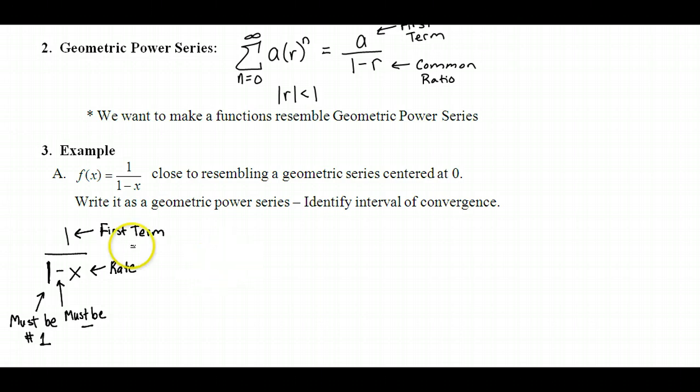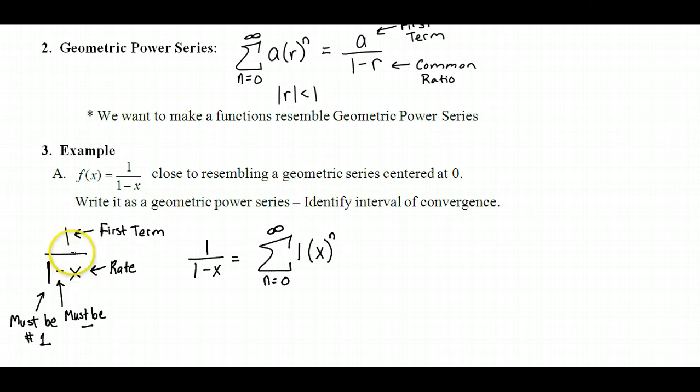So knowing this, I can take the 1 divided by 1 minus x, and I can write it as a geometric power series. So I'm always going to be starting at 0 and going to infinity. My first term is a 1, which we technically don't have to write in here. My common ratio, or rate, is x. That's to the power of n.